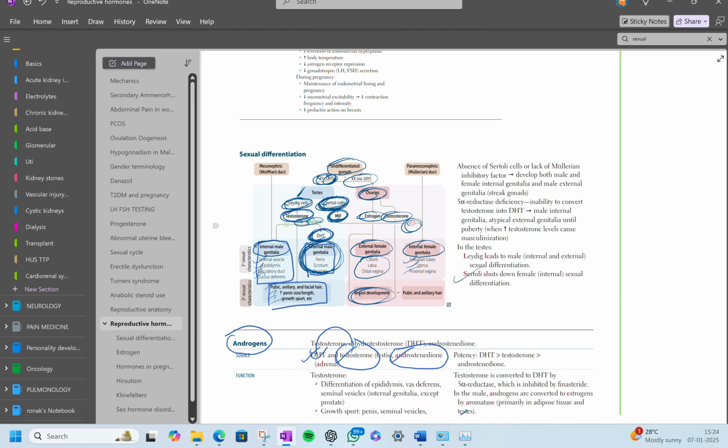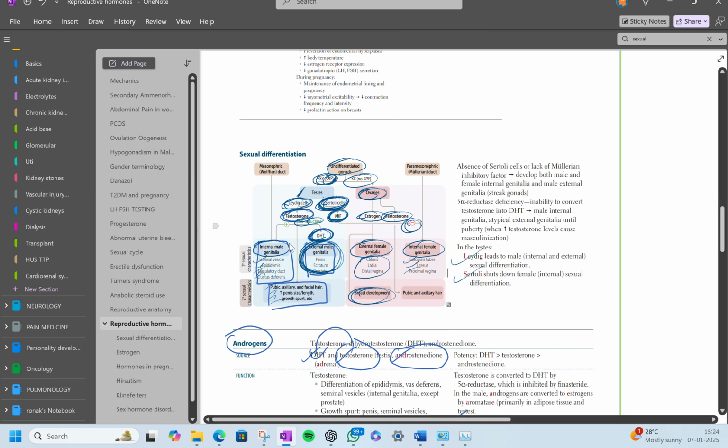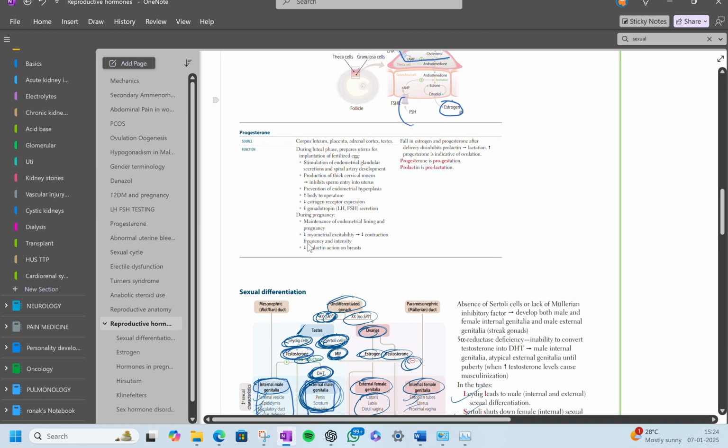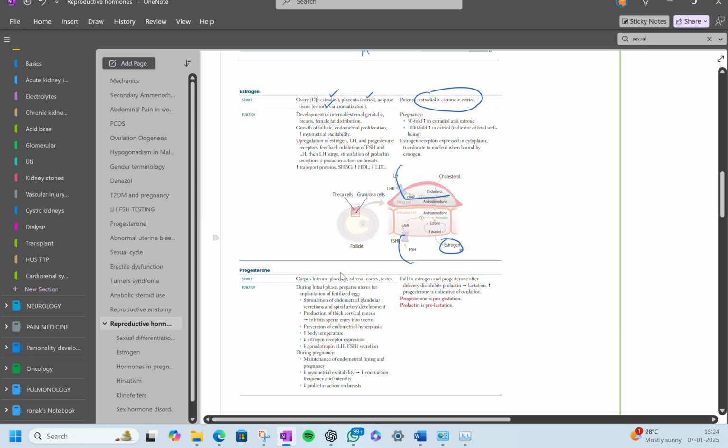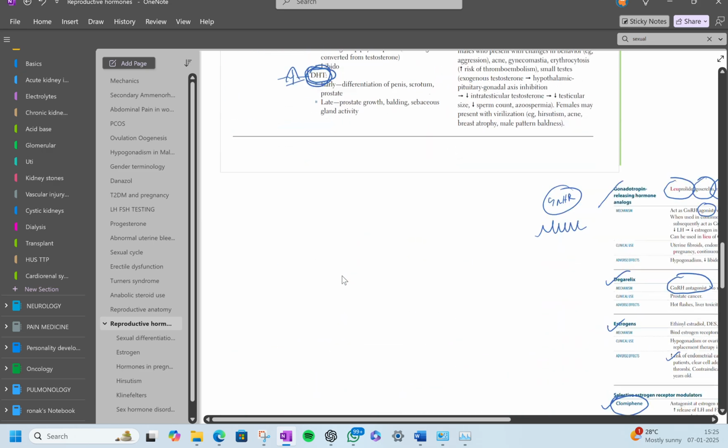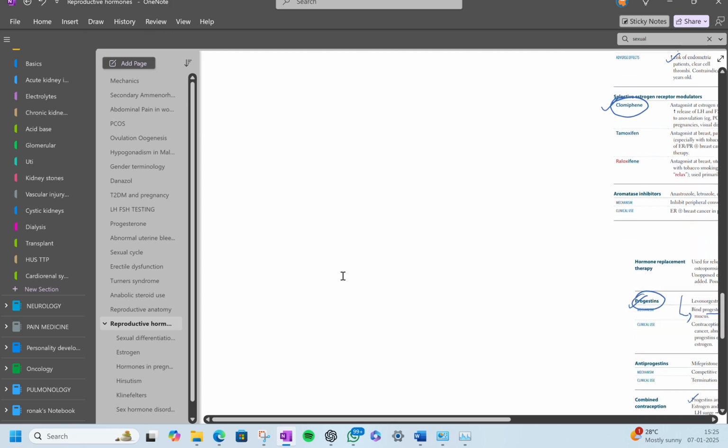Sertoli cells shut down female development. Leydig cells lead to male sexual differentiation. This is very important because with this we can start predicting each of the developmental disorders.